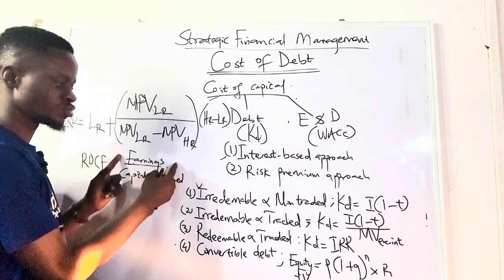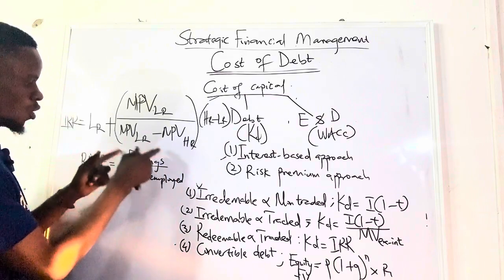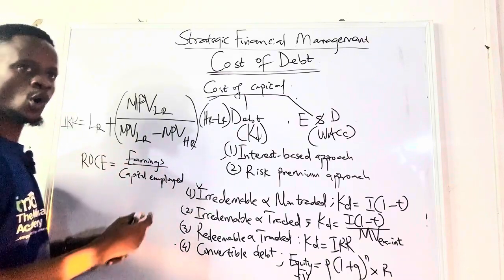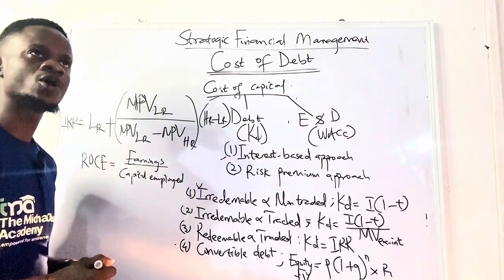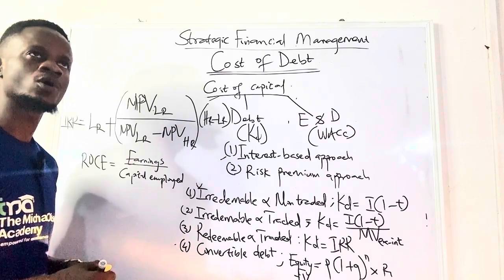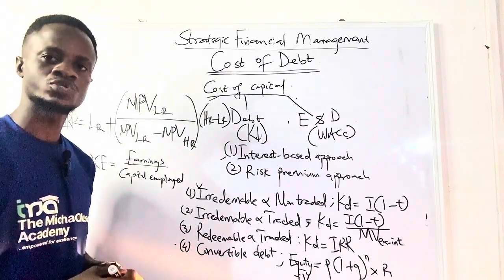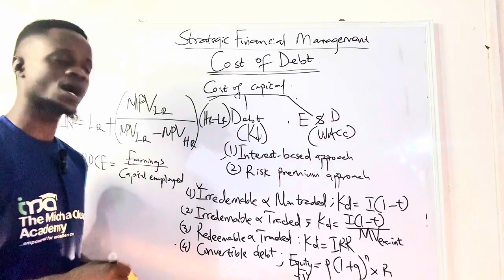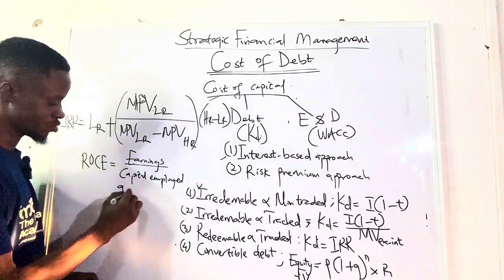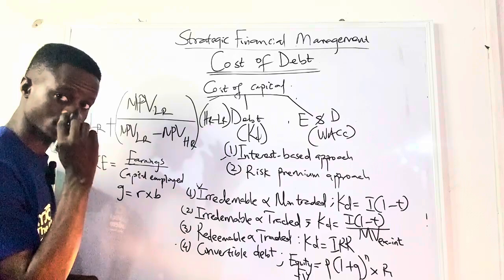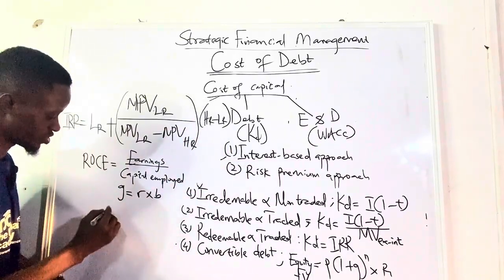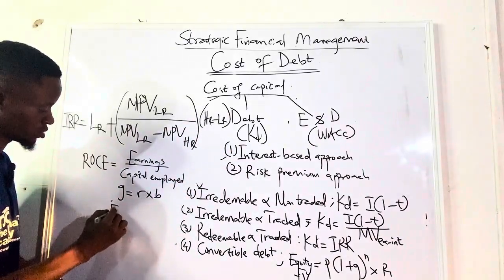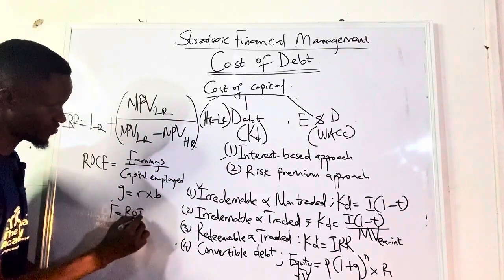So the amount you just like return on investment, or even what we discussed when we talked about Gordon's growth model, and we said Gordon's growth model is G equal to R times B, right? Where the R is return on investment. So R is equal to return on investment.